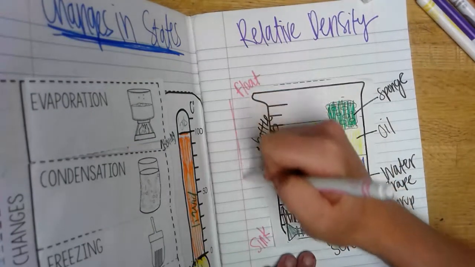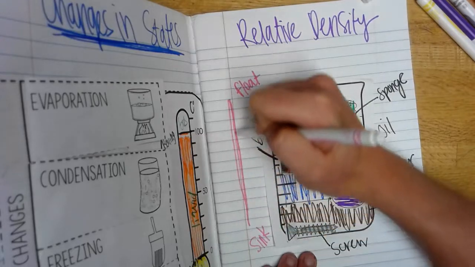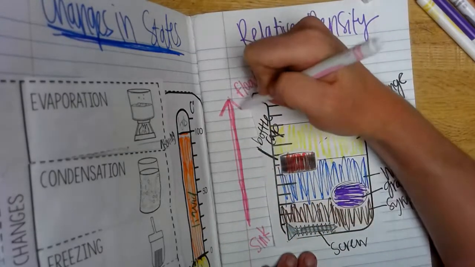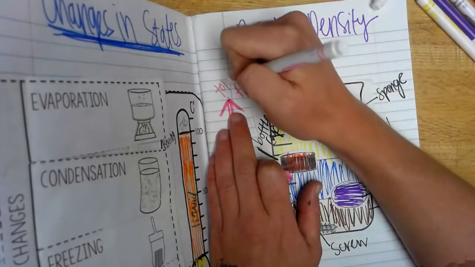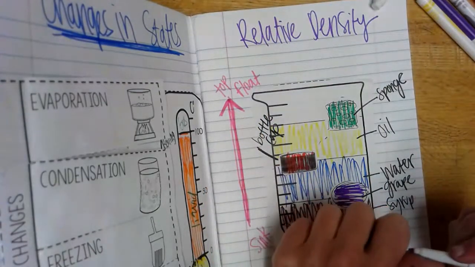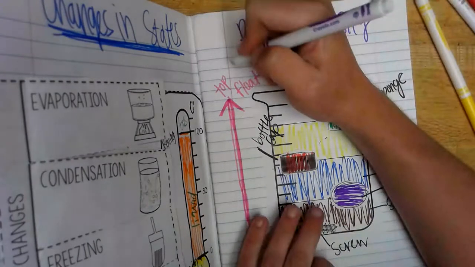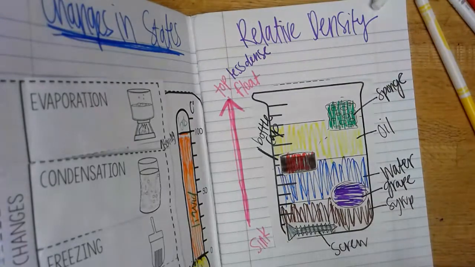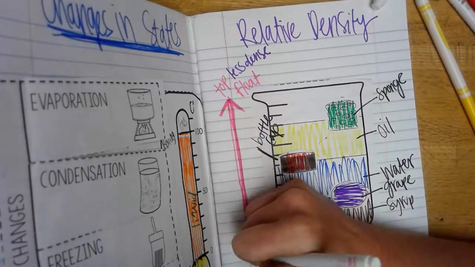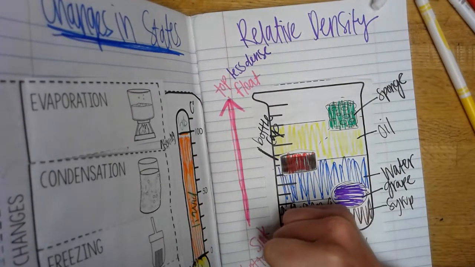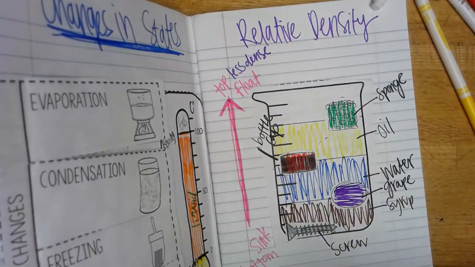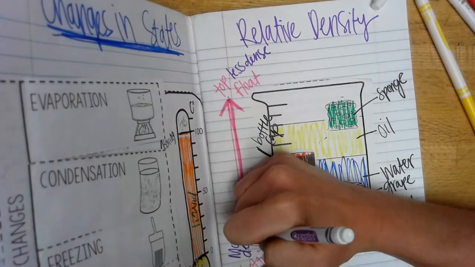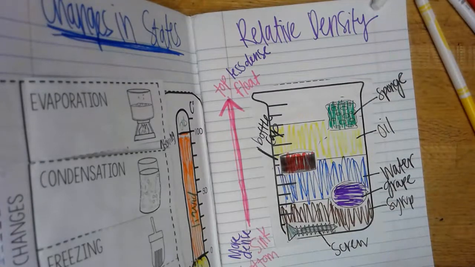We know that density is going to be observing layers, and that the top is going to be less dense, and the bottom is going to be more dense, or the most dense. Okay.